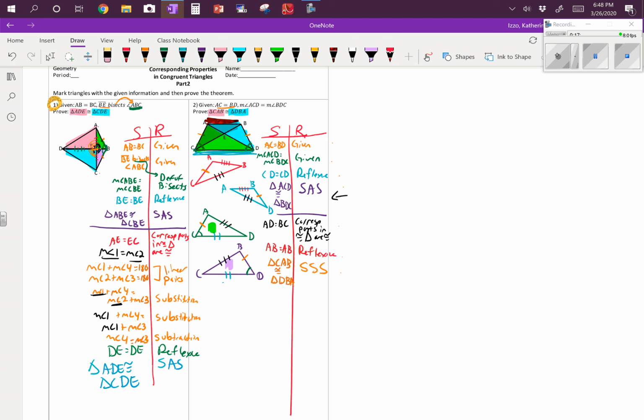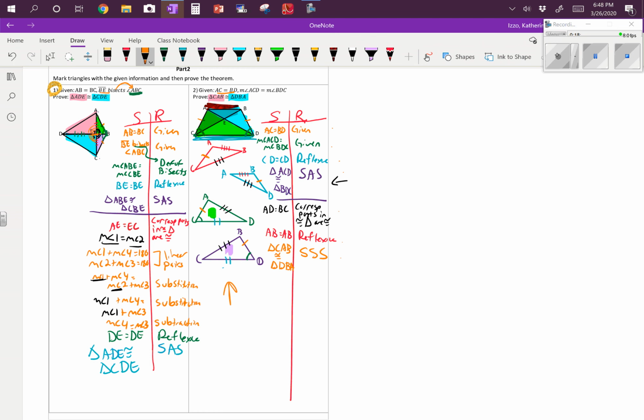Because if we look at this, we have the 4 triangles, but they're all overlapping triangles. So we've got the same 4 triangles that we would get in the question that we had for number 1. But now all 4 of the triangles are overlapping in weird ways and mixing up and getting confused.